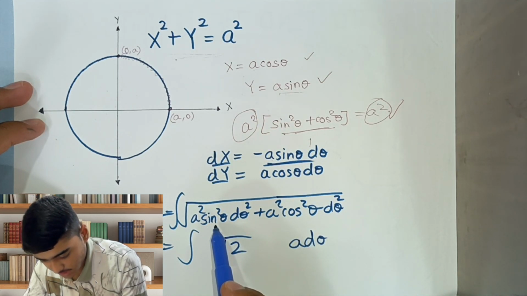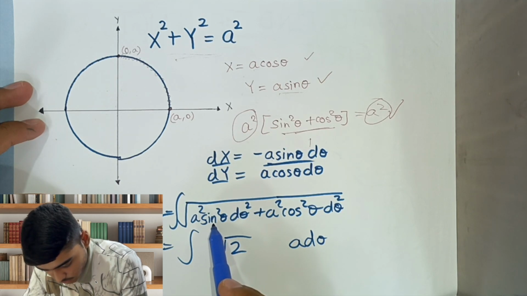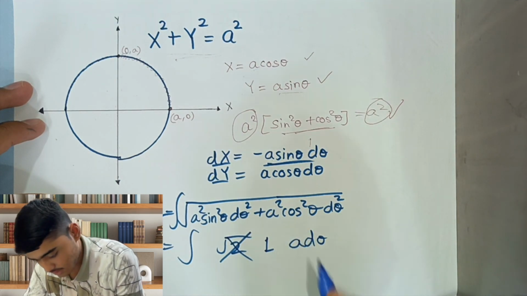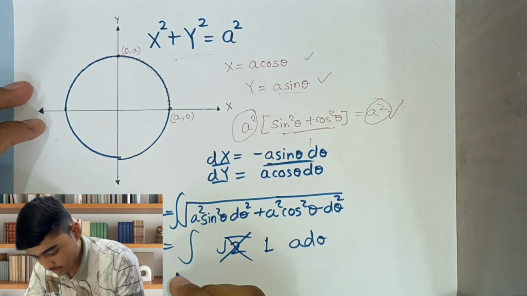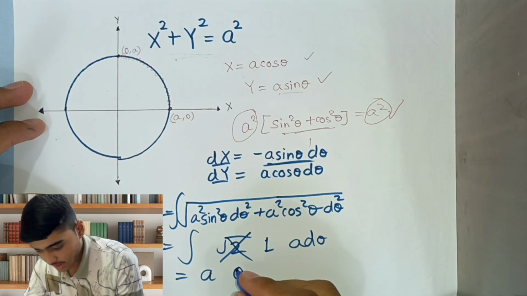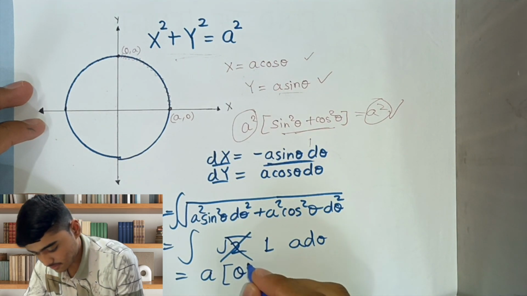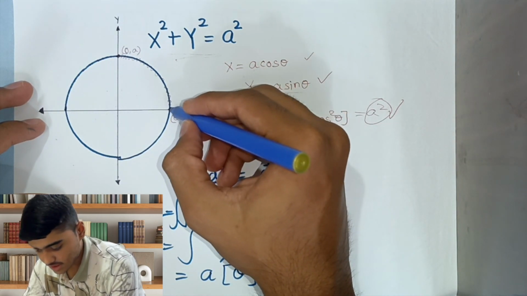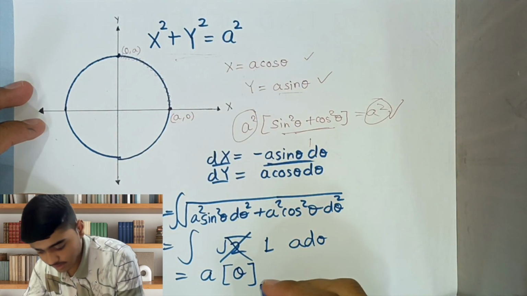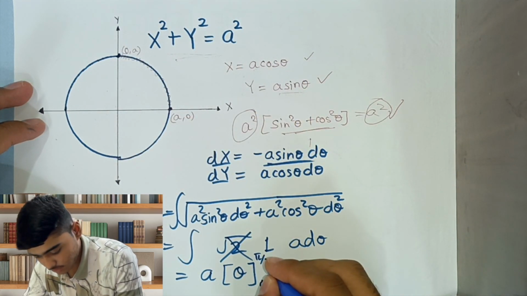Then we will have sin square theta plus cos square theta, so this is 1. Okay, so this is a times theta, and theta is, we know, from 0 to pi by 2. This is pi by 2 angle, right? So it's from 0 to pi by 2.